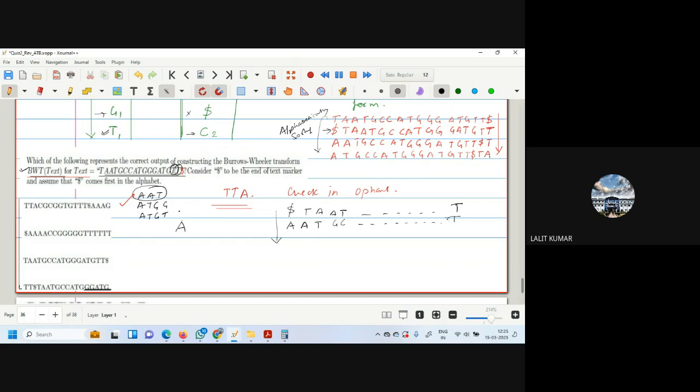Now I come to ATGG and ATGT. So first will be ATGG. ATGG is where? It was ATGC, sorry. So now I come to ATGC, so I build with ATGC and I see in the last what will come.